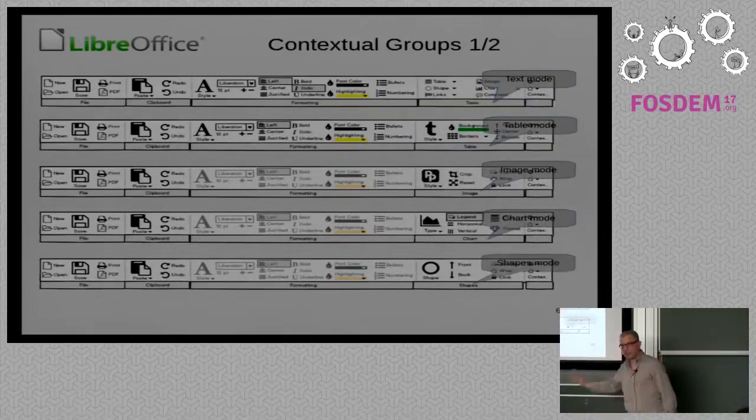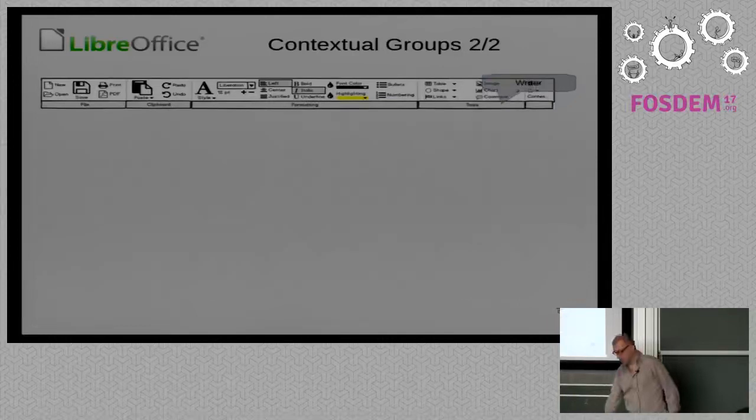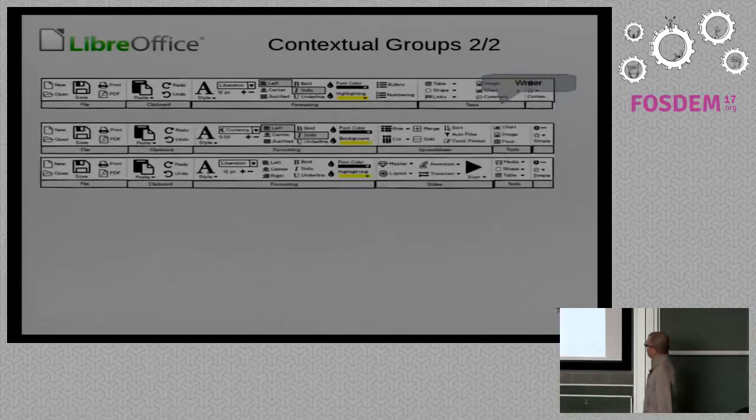And this one is Writer. This is how Writer looks. For Calc and Impress, it should be similar to Writer. Another goal is to not only have a static part within one module, so Writer with file, clipboard and formatting options, but also for other modules.